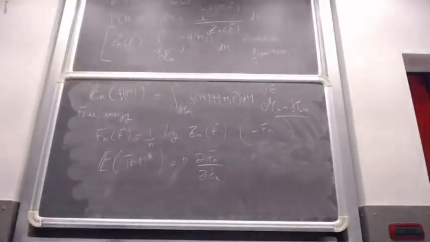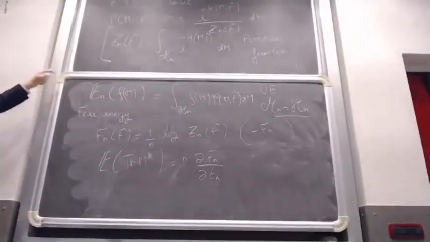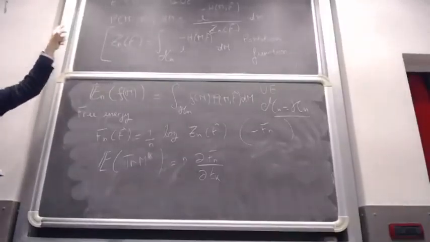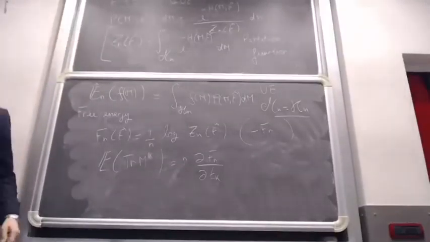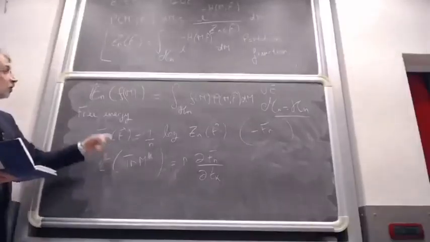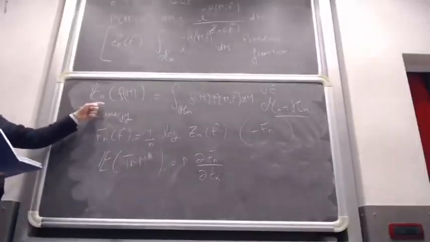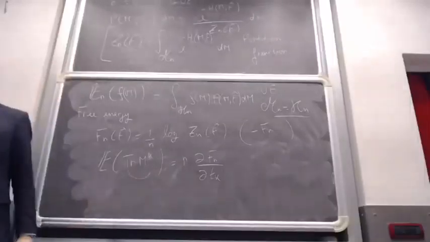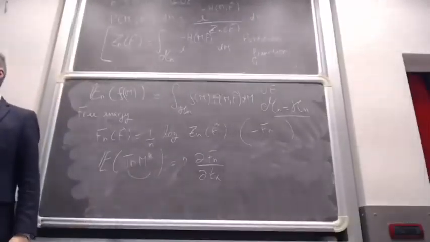This is quite obvious if you look at the definition of H. When you differentiate with respect to Tk, you construct the expectation value of the trace of the moment Mk.